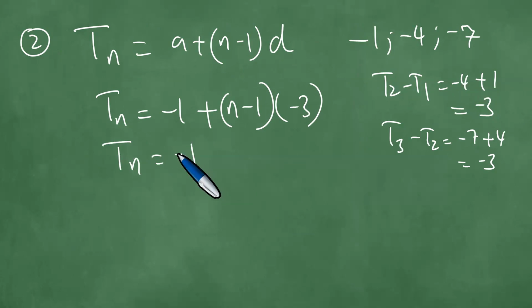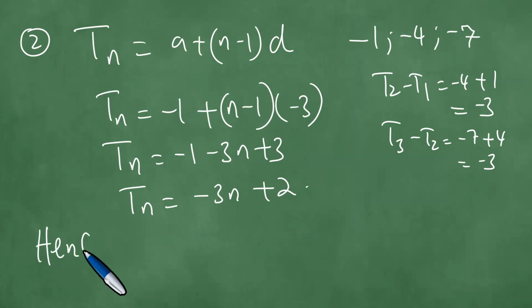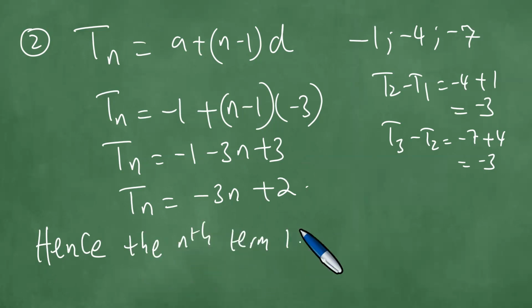So we have minus 1 minus 3n plus 3, which is minus 3n plus 2. And this is the nth term. Hence, the nth term, Tn, is minus 3n plus 2.